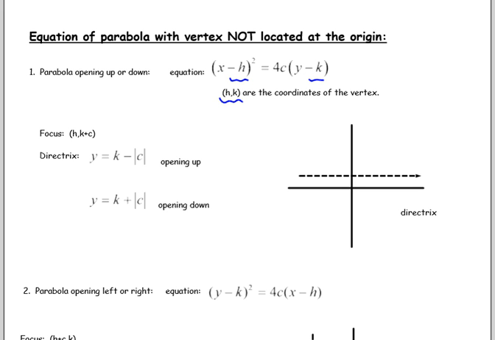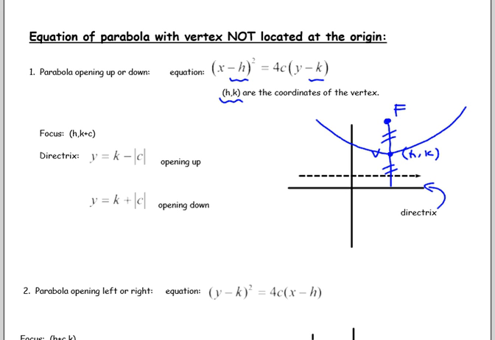Let's say I'm sketching here, this is my vertex, I'm going to call it (h, k). There's a horizontal translation of h, and a vertical translation of k. And if this is my directrix here, then at the same distance, I need to draw my focus. So my focus is going to be there. So I can sketch what it looks like. Remember that this distance has to be the same as this one.